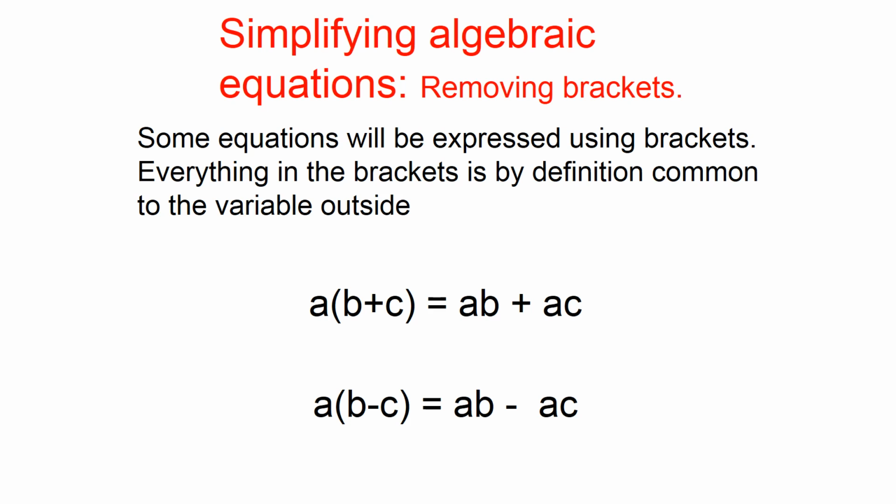If you're adding a negative, that's the same as just a negative. So in this case we would be doing A times B plus A times minus C. So A times B, which is AB, plus A times minus C, which would be minus AC.